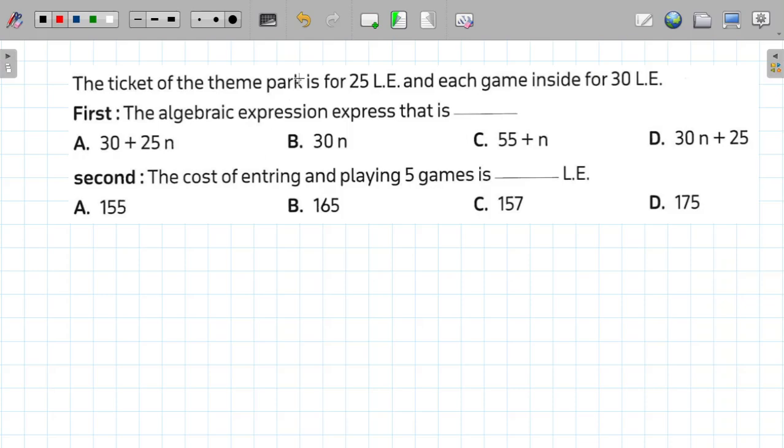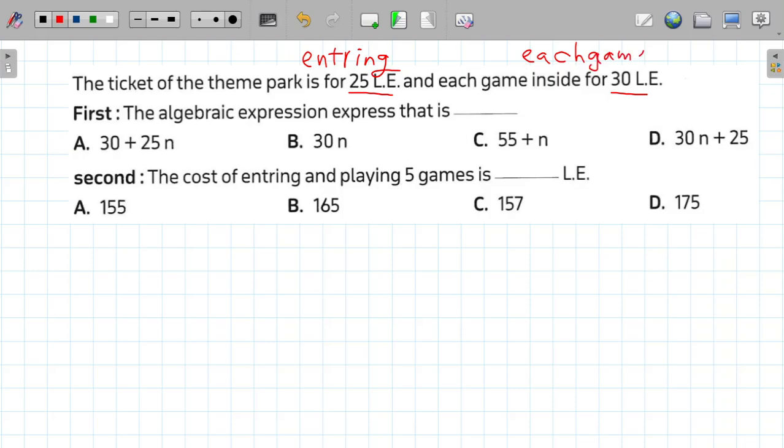I have here the ticket of the theme park is for 25 pounds, and this is for entering the park. Next, each game inside is for 30 pounds, so 30 pounds for playing each game.